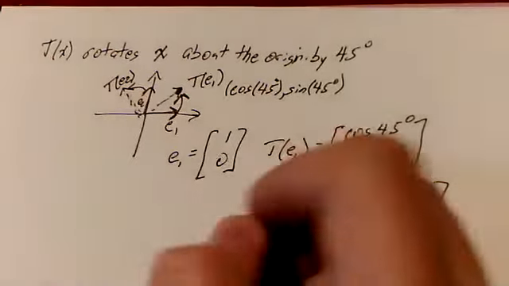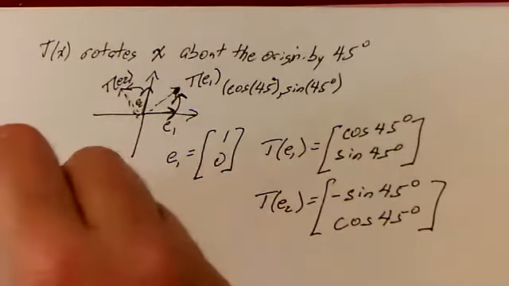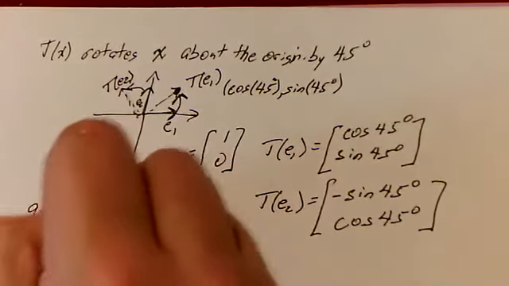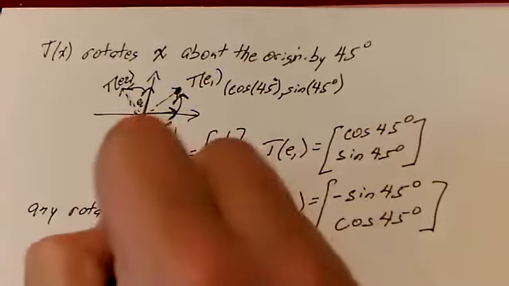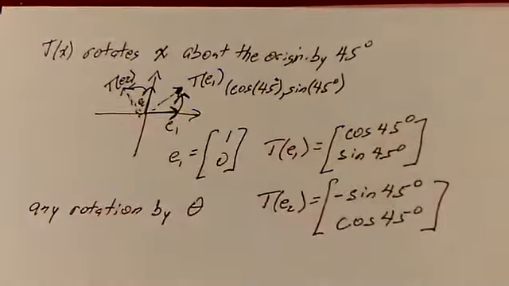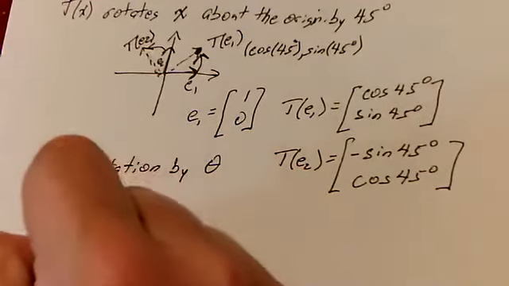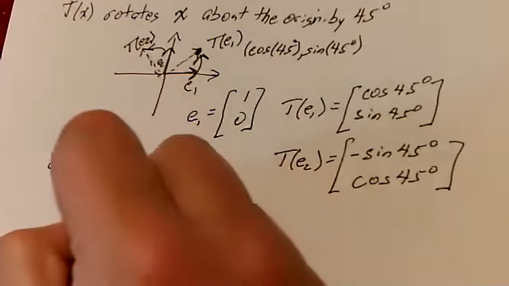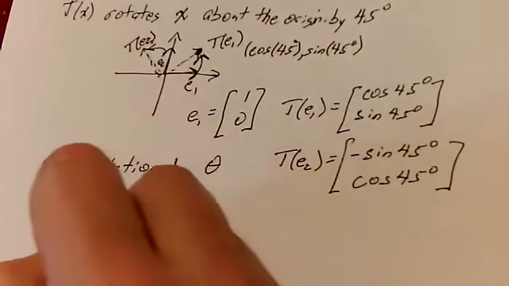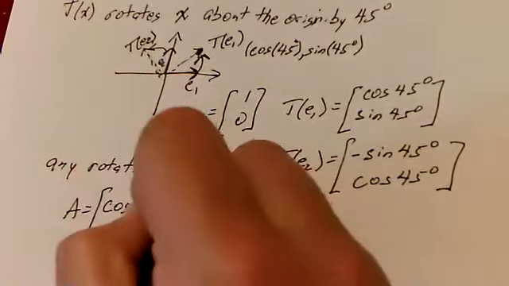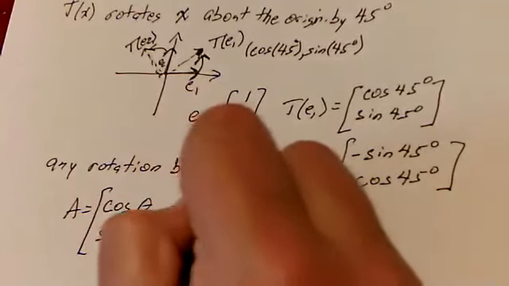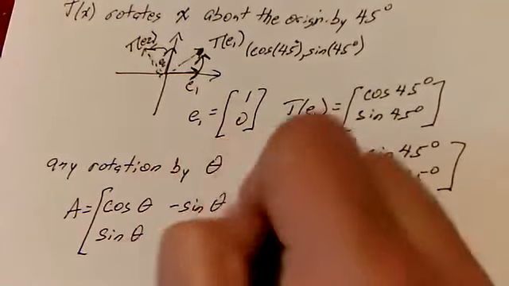For any rotation by some angle theta, or phi, whatever Greek letter you use, your transformation matrix is going to be cosine of that angle, sine of that angle, and negative sine of that angle, cosine of that angle.